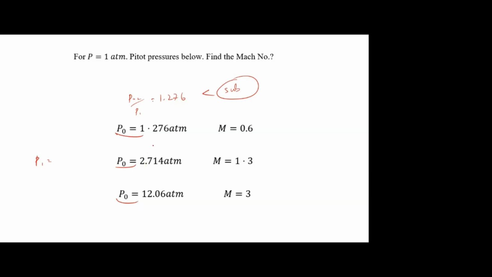Here, the ratio is 2.714, so this is supersonic. So here you have to use the pitot formula from the normal shock table. But this other one is subsonic, so we have to use the isentropic relation P01 by P1. And this also is 12, that means supersonic. Again, you have to use the Rayleigh pitot formula from the normal shock table.